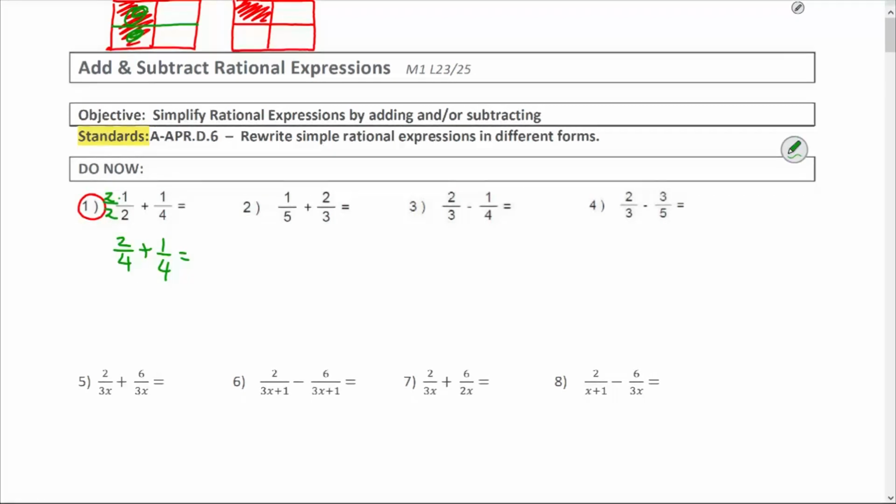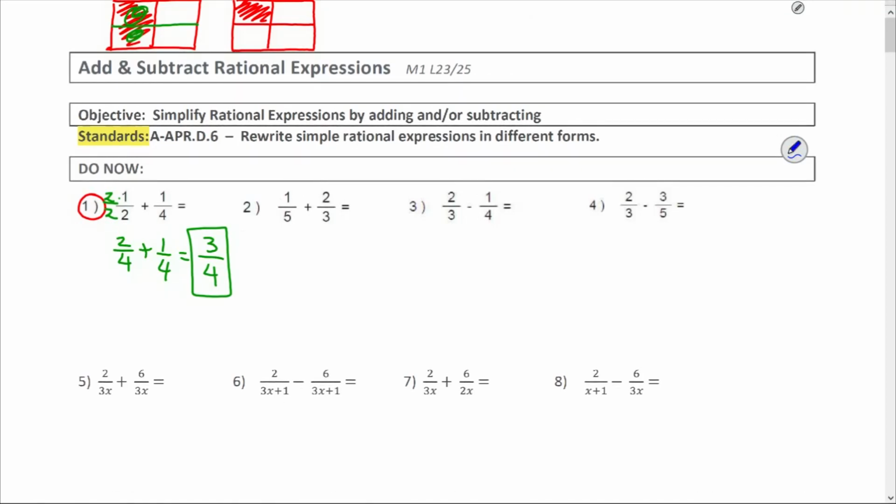I can add 2/4 and one more fourth and find that I get 3/4 in total. So when you're adding or subtracting fractions, you have to have the same denominator because that is the size of your piece, the piece of the whole that you're working with.